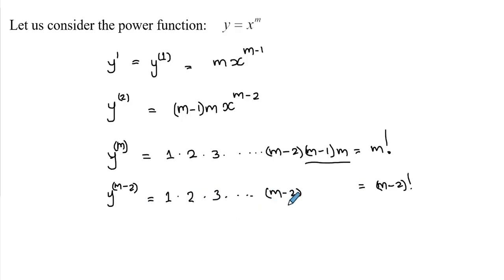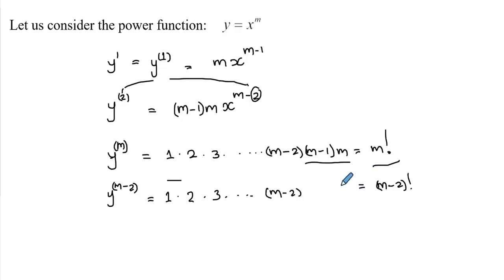So now what we can see here is that for this derivative of order 2, the coefficient which comes here is actually a result of dividing this m factorial by the factorial of m minus 2. The number which you have here and the number which you have in brackets there coincide.